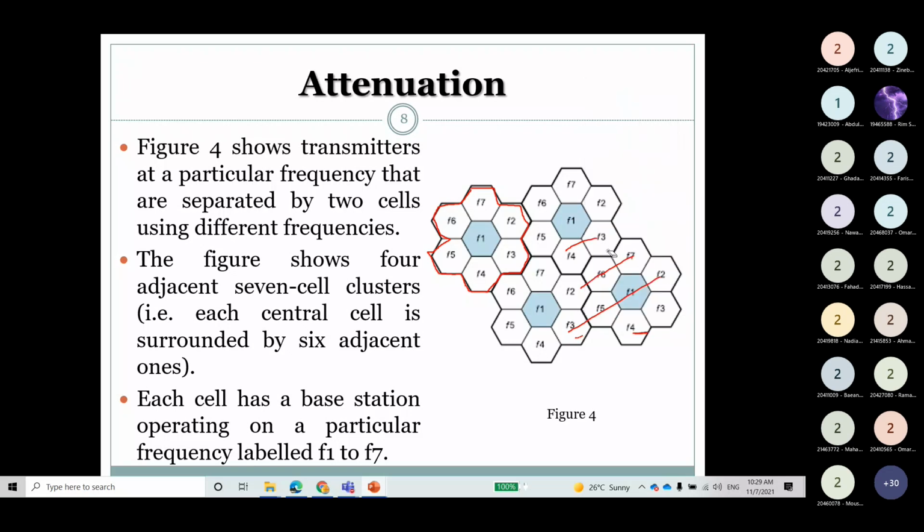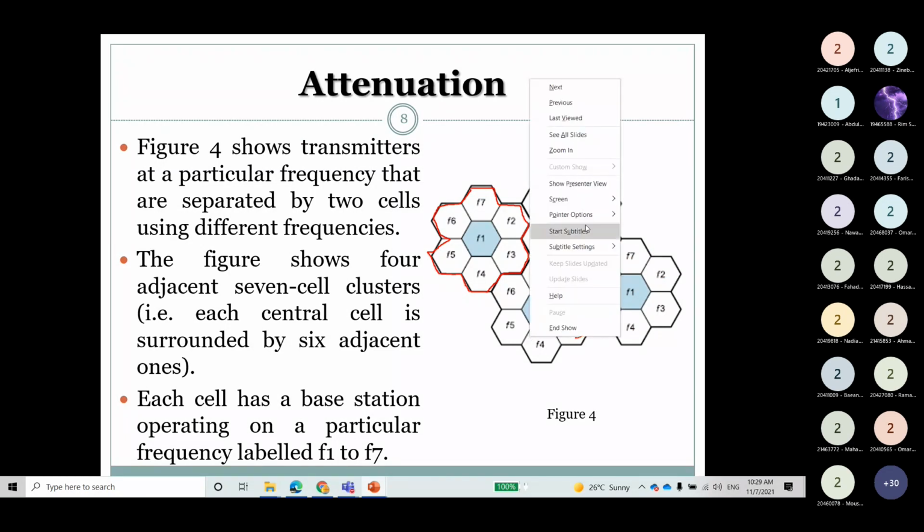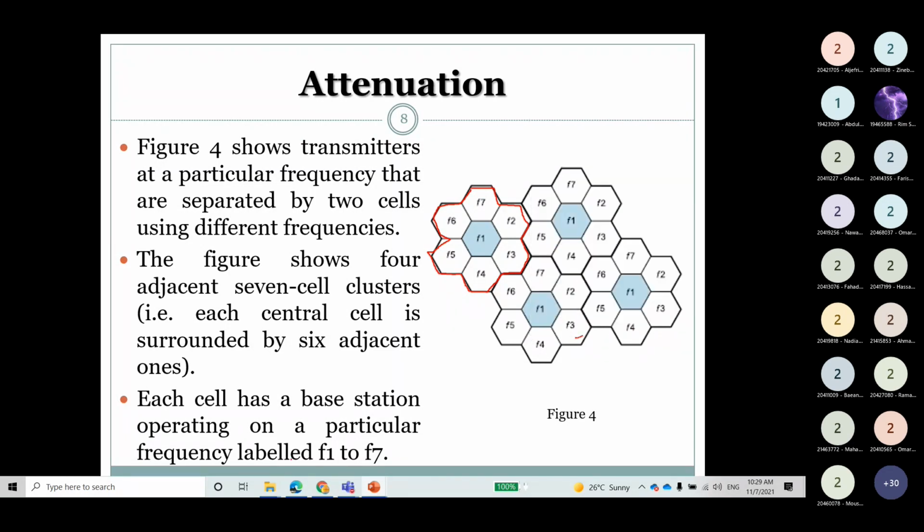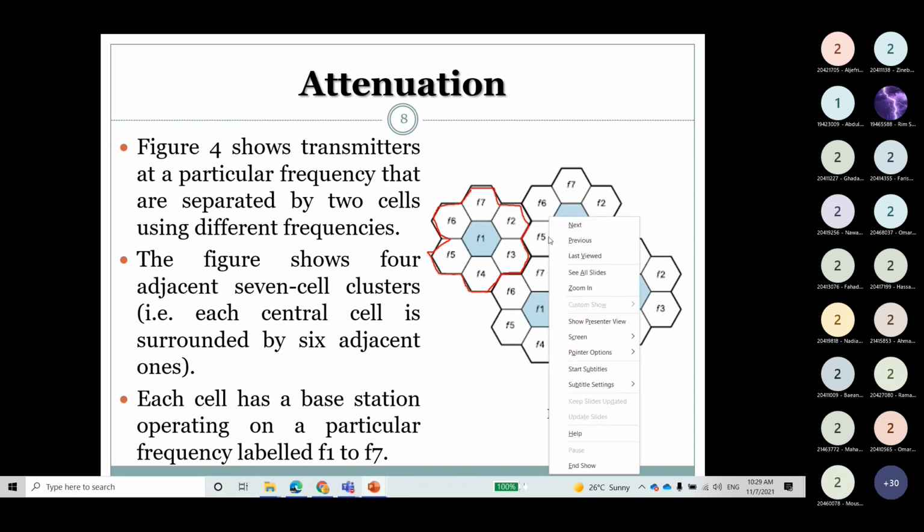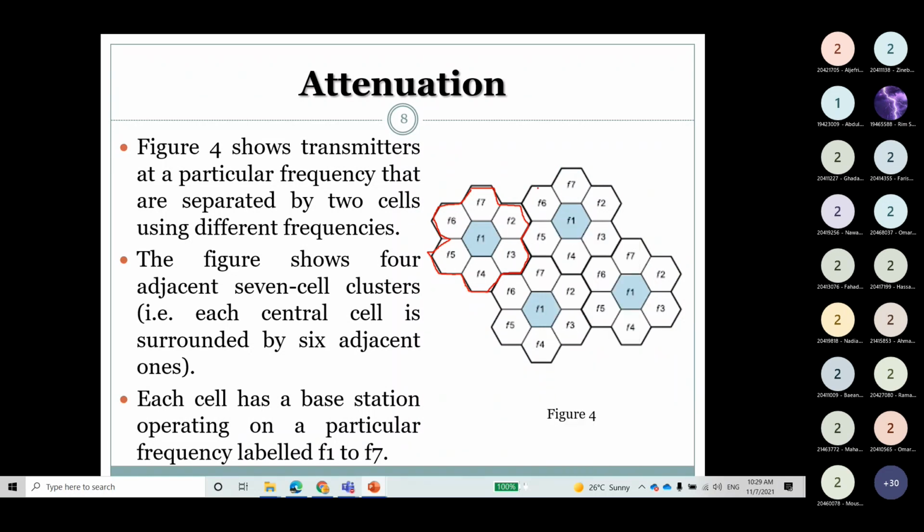This is the second, this one is the second 7 cells. This is the third here, and this is the fourth.